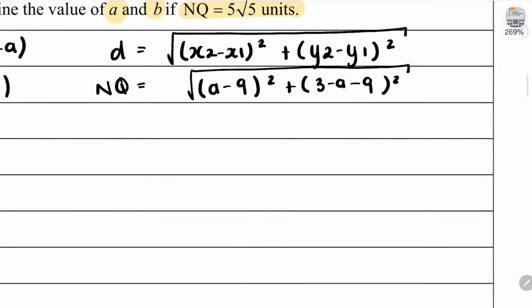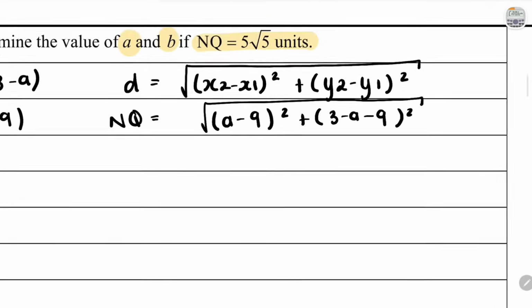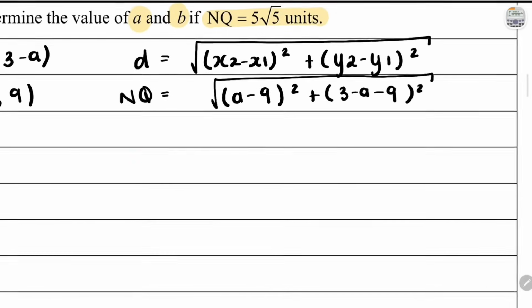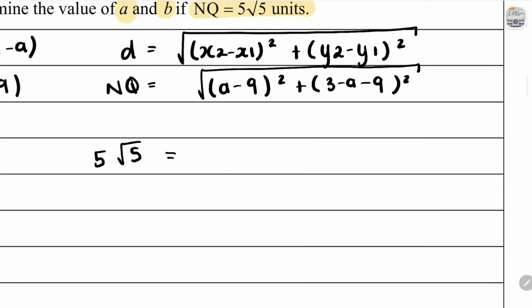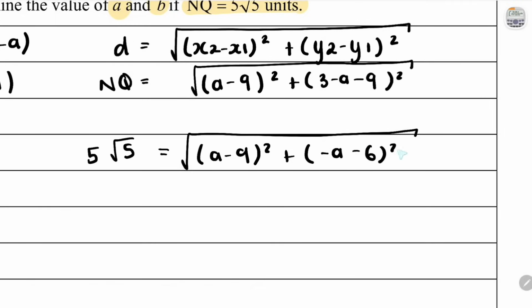We know the length of NQ, so we substitute in place of NQ, 5 square root 5 units, is equal to, let's simplify this further, the square root of (a minus 9) all squared plus, 3 minus 9 is negative 6, so we say (negative a minus 6) all squared.